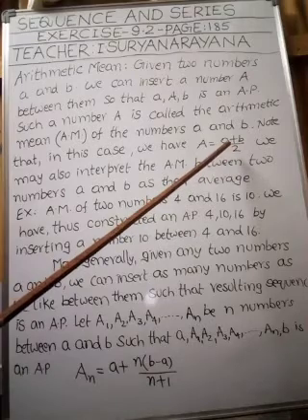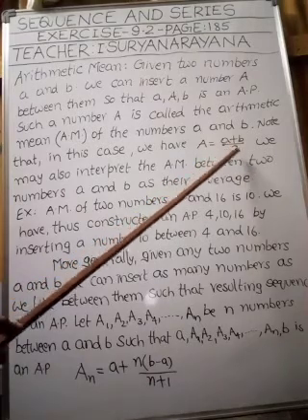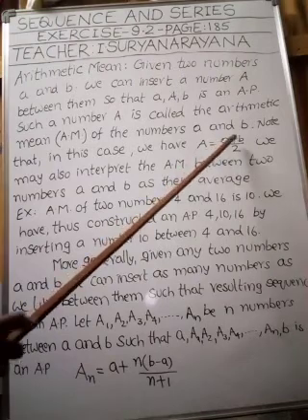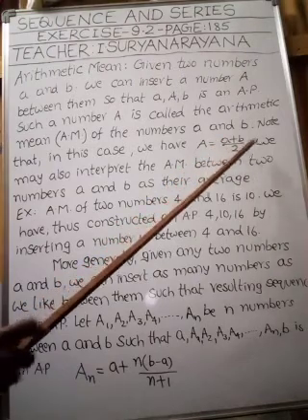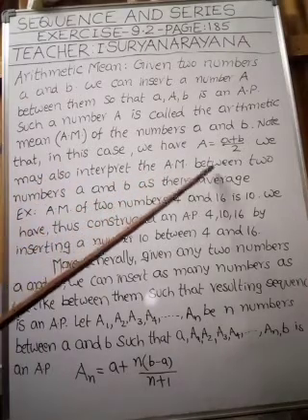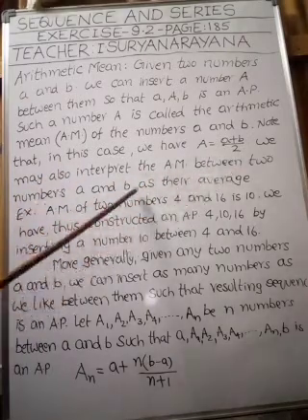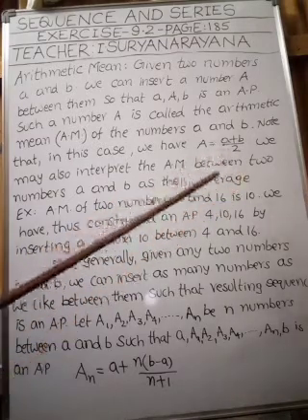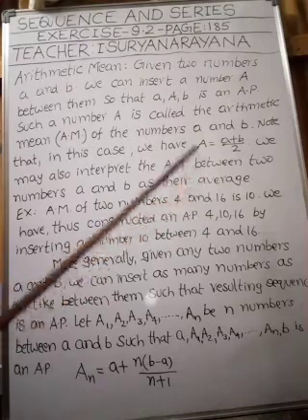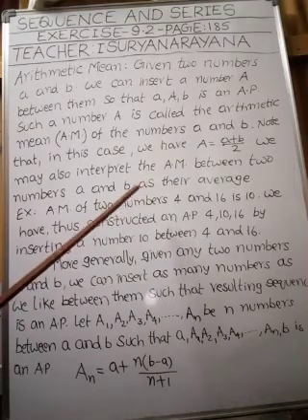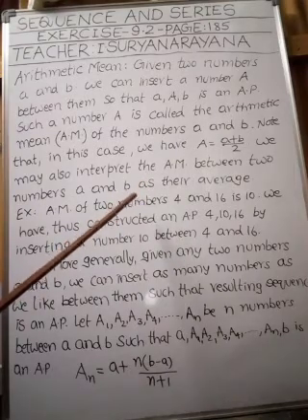Remember this arithmetic mean formula: arithmetic mean of two numbers is a plus b by 2. We may also interpret the arithmetic mean between two numbers a and b as their average. Both denote the same concept. Understood this point, my children?